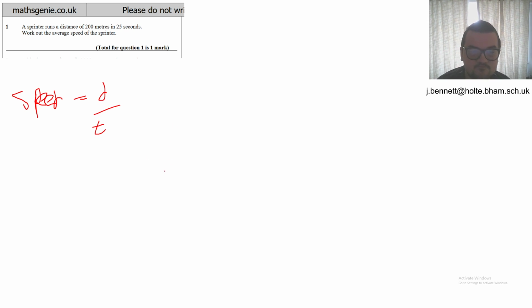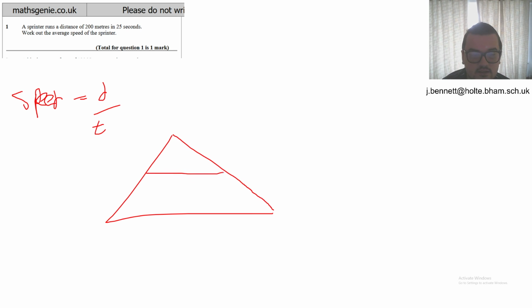You can remember the triangle, then you split it into this. You have speed, you have time, you have distance. If you multiply the speed and the time together, you get the distance. If you divide the distance by the speed, you get the time. If you divide the distance by the time, you get the speed.